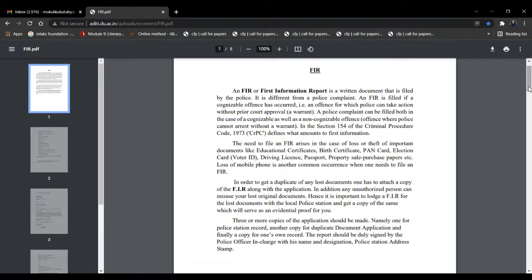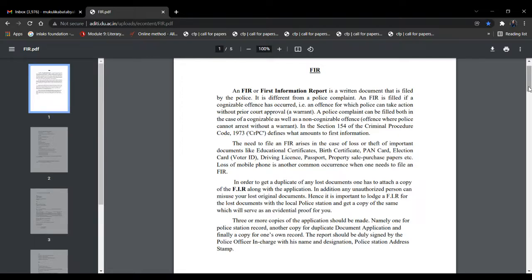A police complaint can be filed both in the case of a cognizable as well as a non-cognizable offense. So now you see the difference. An FIR is only when the police can take direct action without the involvement of a court, as opposed to a police complaint, which can be filed even if the police can take action directly or have to wait for court approval.